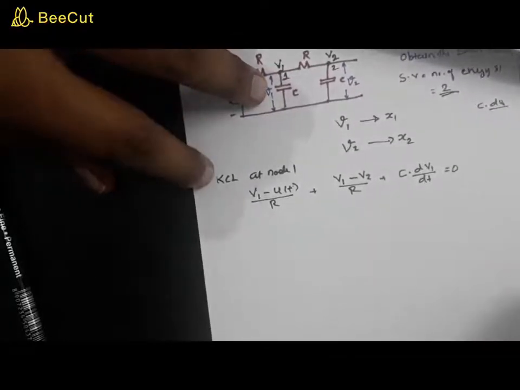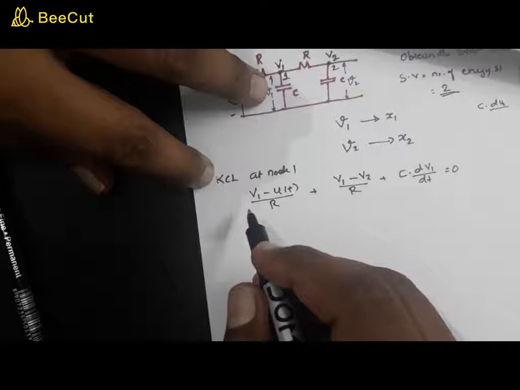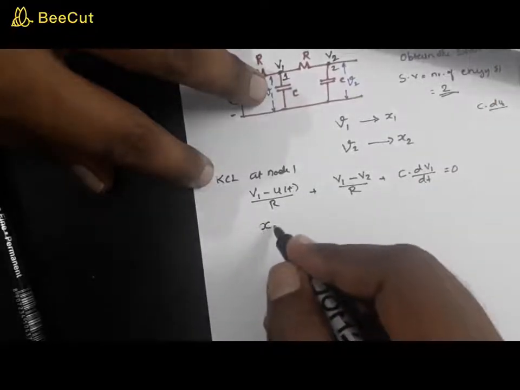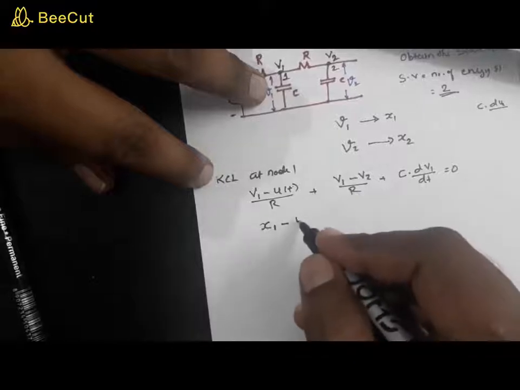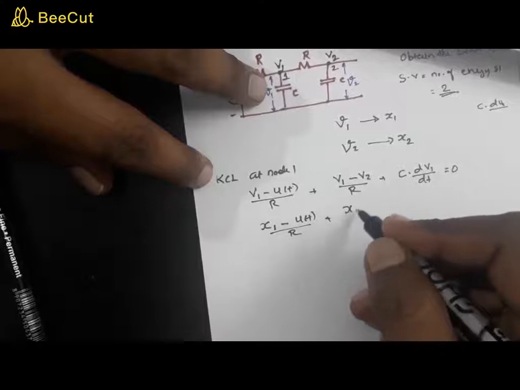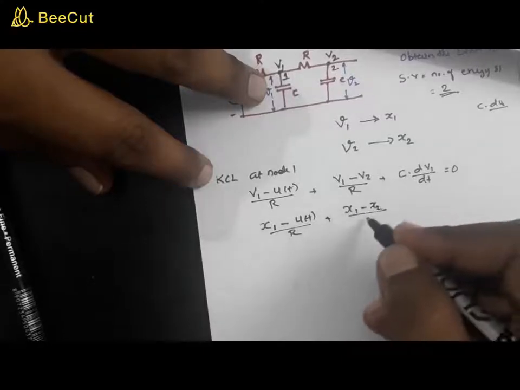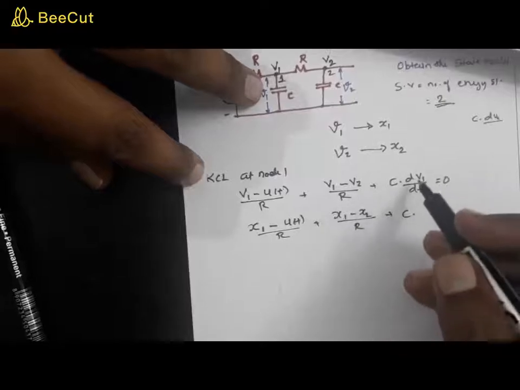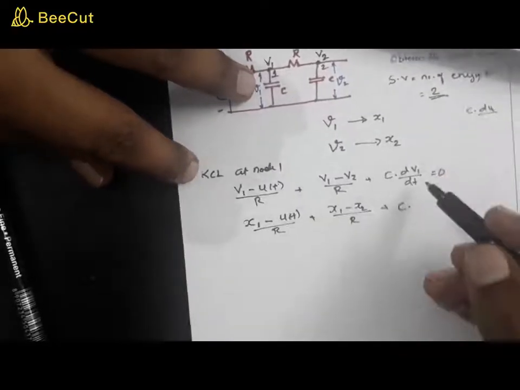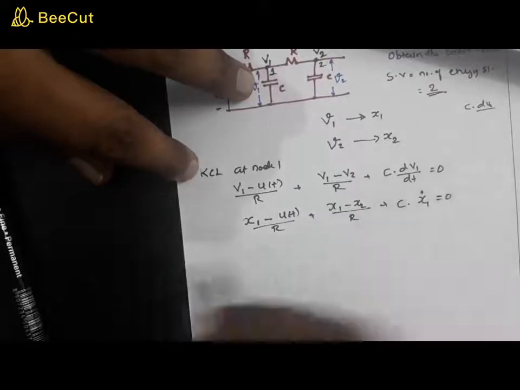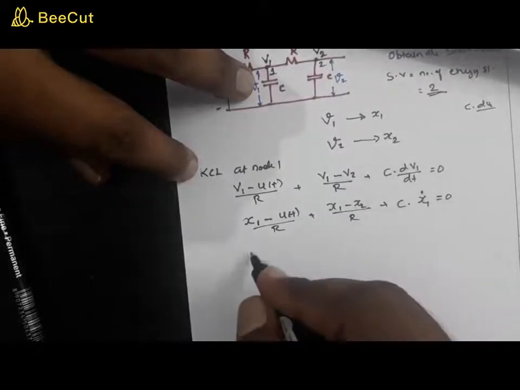Now you can assign the variables, V1 to be x1: (x1 minus u of t) by R, plus (x1 minus x2) by R, plus C into dV1/dt. V1 is x1, so the derivative will be x1 dot, equal to 0. From this equation you will be able to get x1 dot.